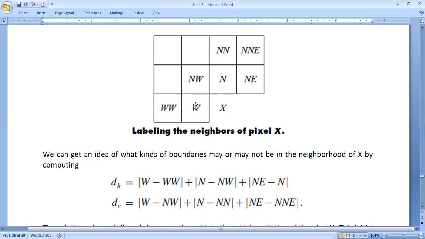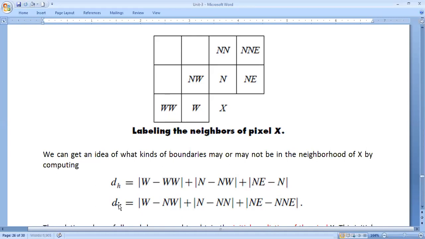This means first you compute the difference of this one, and compute the difference of this one, and the result is added, and next we compute the difference of this one, and then the whole result is the DH value. So DH can be calculated as |W minus WW| plus |N minus NW| plus |NE minus N|.